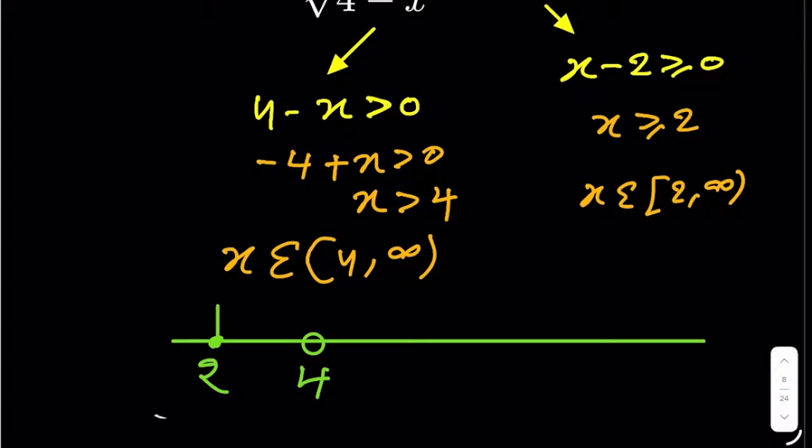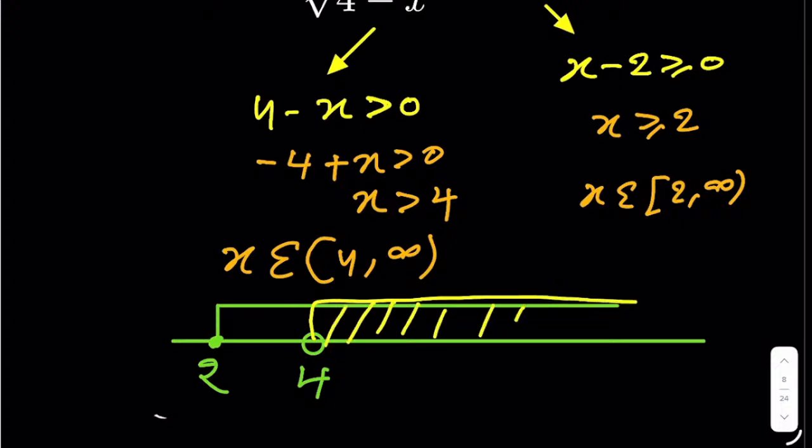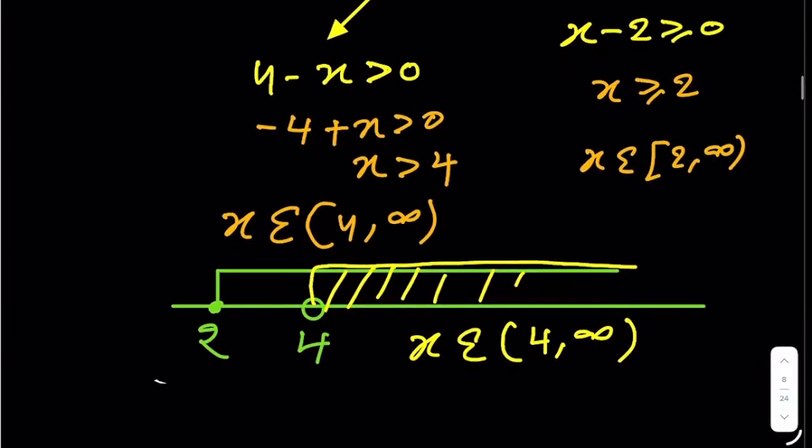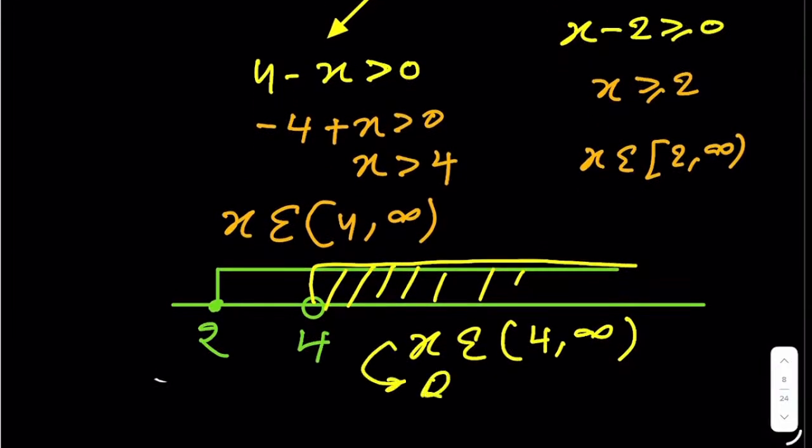So 2 to infinity means from here to here, and open interval 4 to infinity means from here to here. Which part is common? This one. So you can say the domain is open interval 4 to infinity. So this is the final answer. This is the domain. Clear or not?